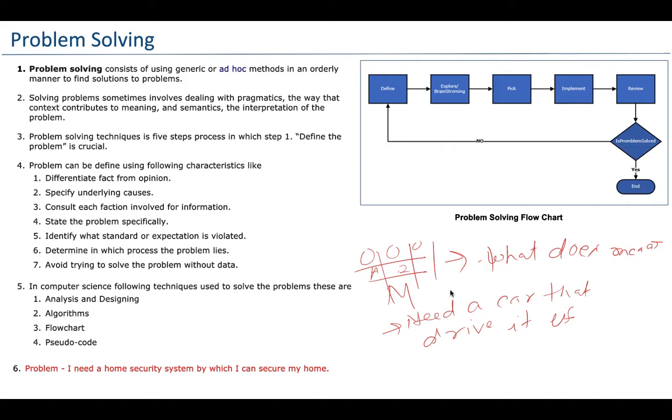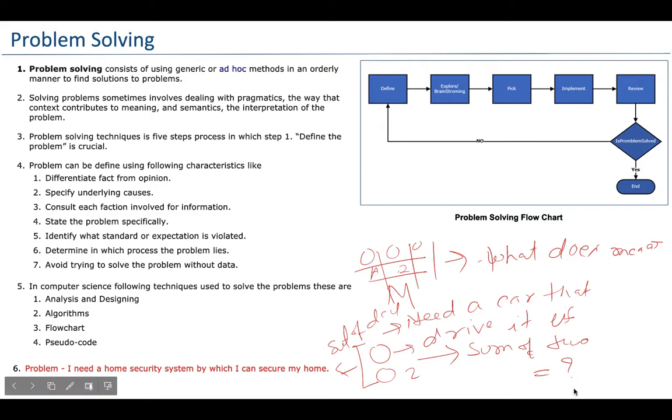That is, while you define and solve the problem, you must play around with the data. For example, if you create a program that sums two numbers, then your input 1 and input 2 should vary over some set of data, right? And then you are able to compute the result, the sum of two numbers, and your value will correspond, right?